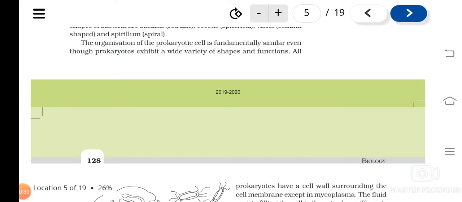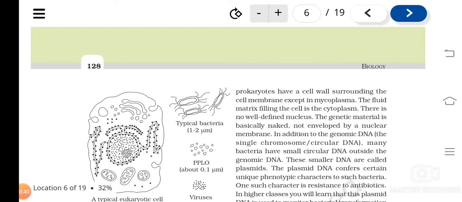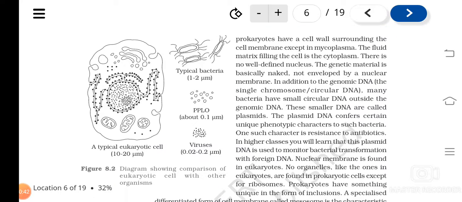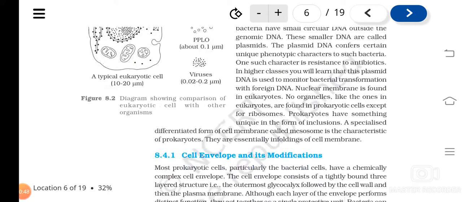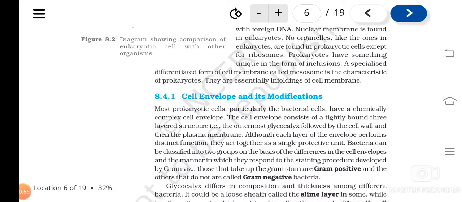In the cytoplasm there is a region where you can see the genetic material, known as the nucleoid, isn't it? And then they have infoldings of the plasma membrane known as mesosomes. I also told you there is only one kind of cell organelle, that is ribosomes, and the ribosomes are different from the eukaryotic ribosomes, isn't it?